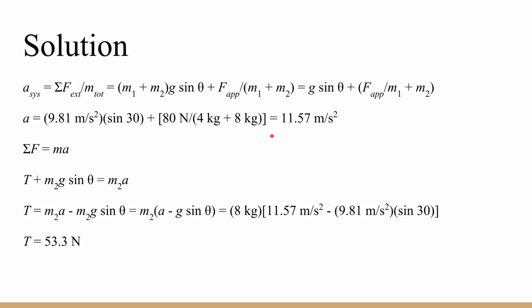So we have T plus m2g sine theta equals m2a. And if we solve for T, we get m2a minus m2g sine theta. And you can factor m2 out if you want. Then you just plug in the numbers and you get a tension of 53.3 newtons.